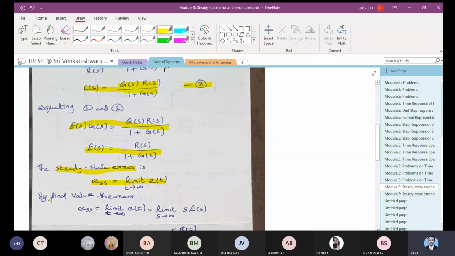By using the final value theorem, ESS equals limit of t tends to infinity E of t, which you can write as limit of s tends to 0 s of E of s. So we are going to substitute the E of s we got in this equation and simplify it further.